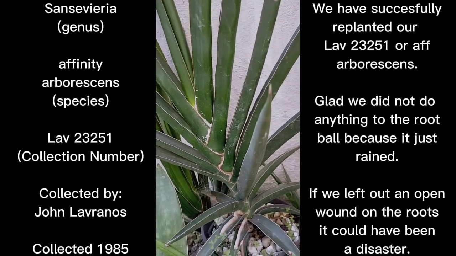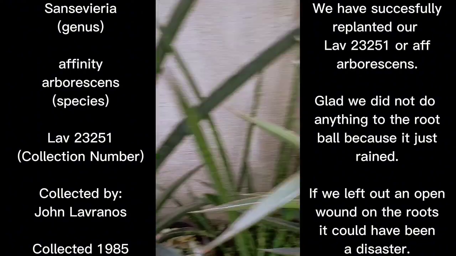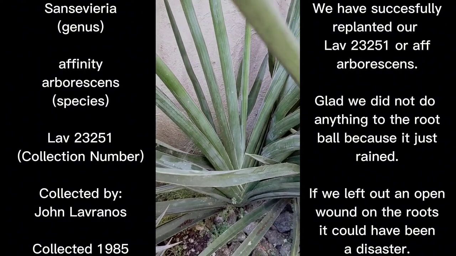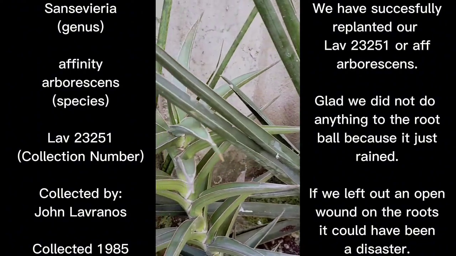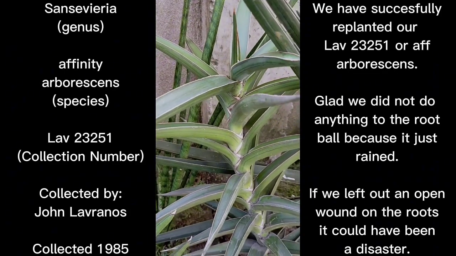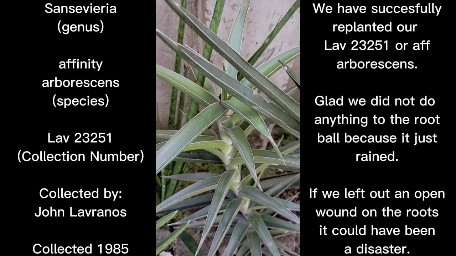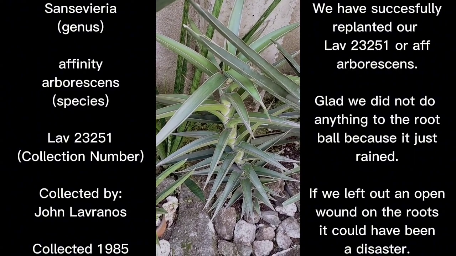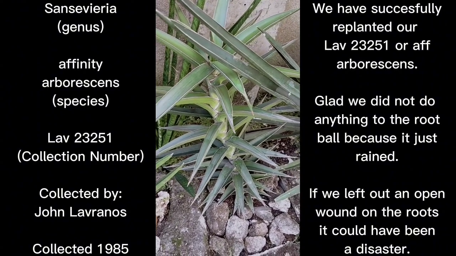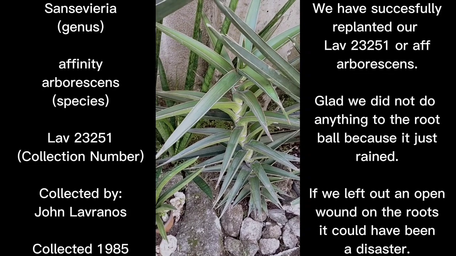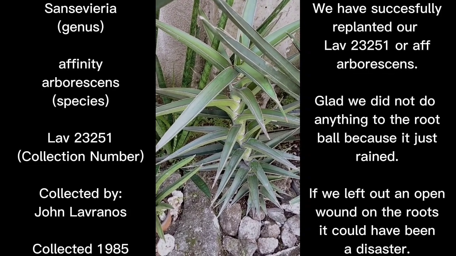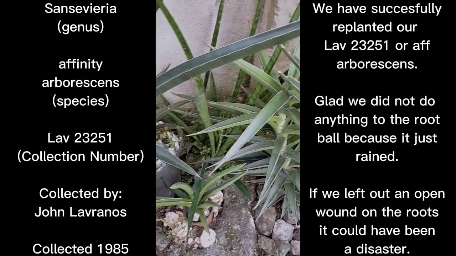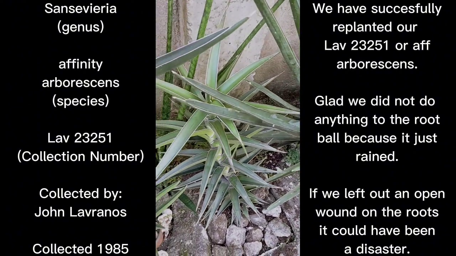This one is Sansevieria species, and this one is a Sansevieria katana hybrid, and we have placed them as such so it would look as natural as it can be.